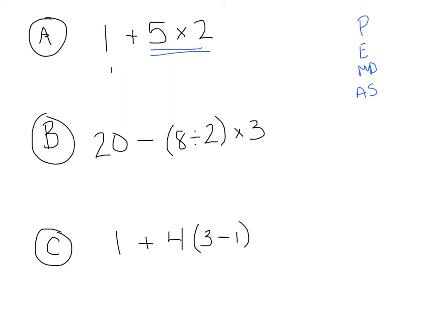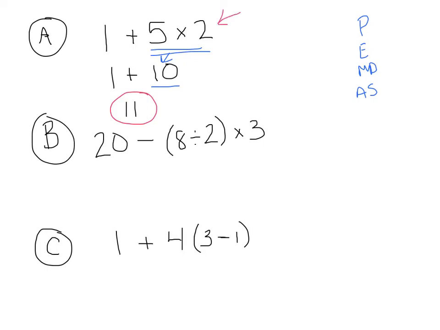So I'm going to rewrite this as 1 plus 10, since 5 times 2 is 10. I'm writing the answer right underneath, just so I can clearly show my work. 1 plus 10 will then be 11. I'm going to circle my answer, or you can put a rectangle around it, just to show me that that really is your answer.